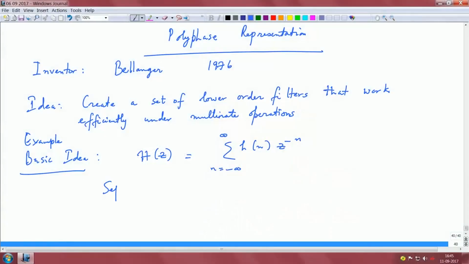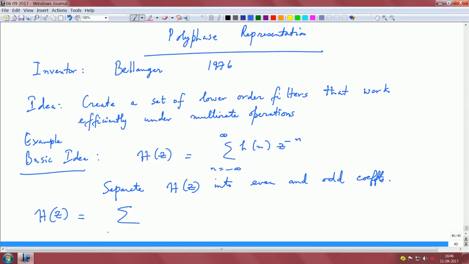We separate H of z into even and odd coefficients. So, we do this, then H of z can be written as follows. We have a summation n equals minus infinity to plus infinity h of 2n z power minus 2n.